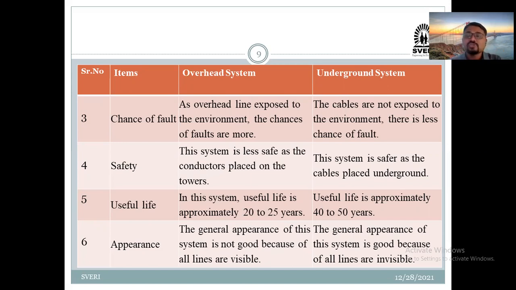But this case does not happen in the underground system because we do not come into direct contact with the cable placed in that underground system. Whatever cables are there, they are placed deep and covered properly.